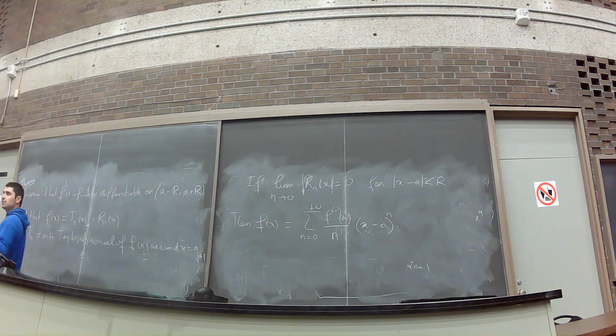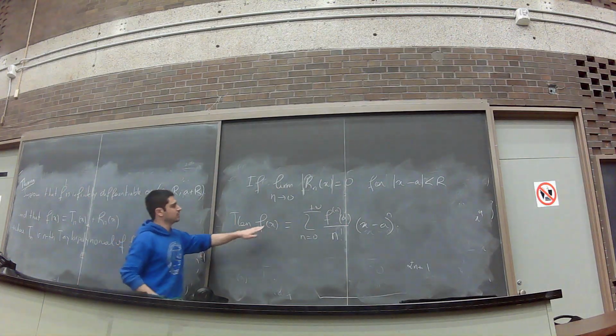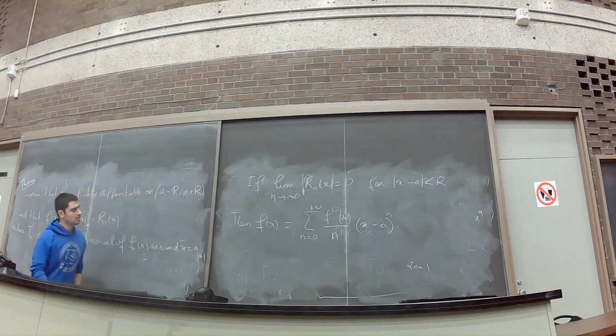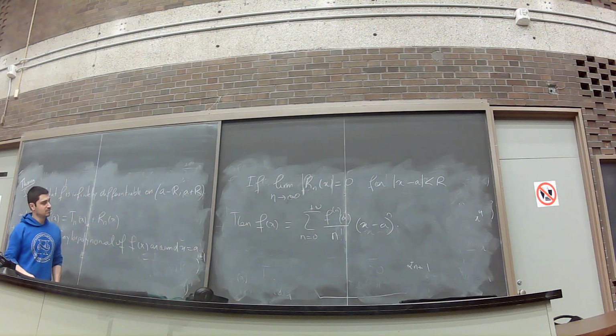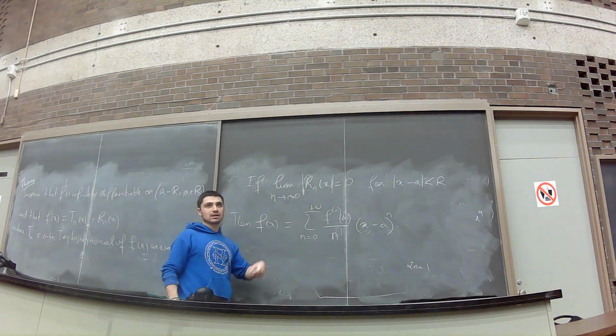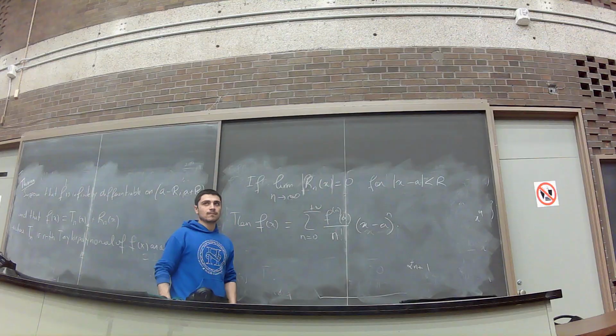So, if you have the remainder Rn of x that goes to 0 as n goes to infinity, then f of x is actually equal to its Taylor series.